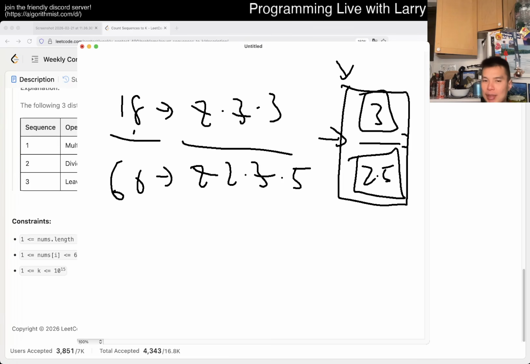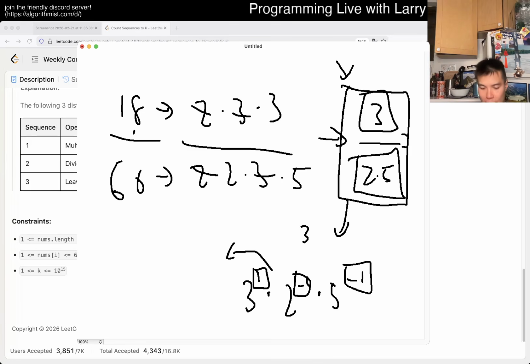Or you could combine them with deltas, meaning that you have the number of 2s, 3s, and 5s on top minus the number on the bottom, because you can rewrite this as 3 times 2 to the negative 1 times 5 to the negative 1, right? And maybe you would reorder them to 2, 3, 5, but now you just care about the deltas, or the exponents.